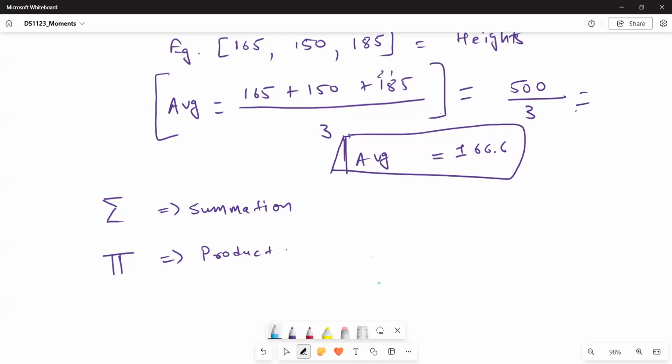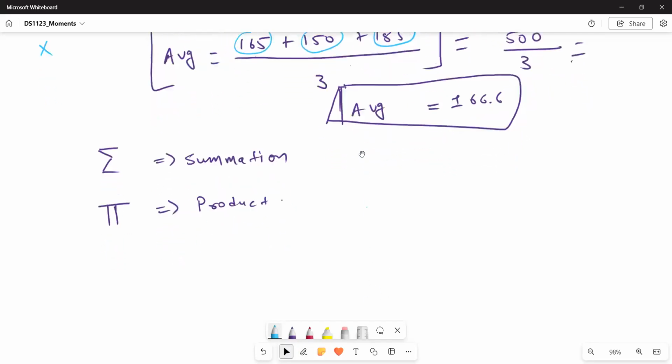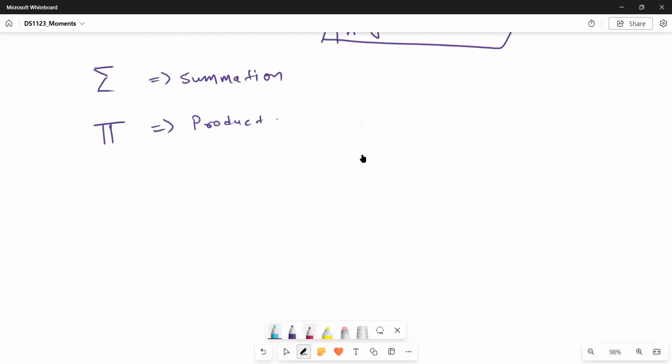I'll take any random alphabet for the representation, for example X. So this will be X1, this will be X2, and this will be X3. So this is X1 plus X2 plus X3, which is nothing but the sum of the numbers, divided by 3.